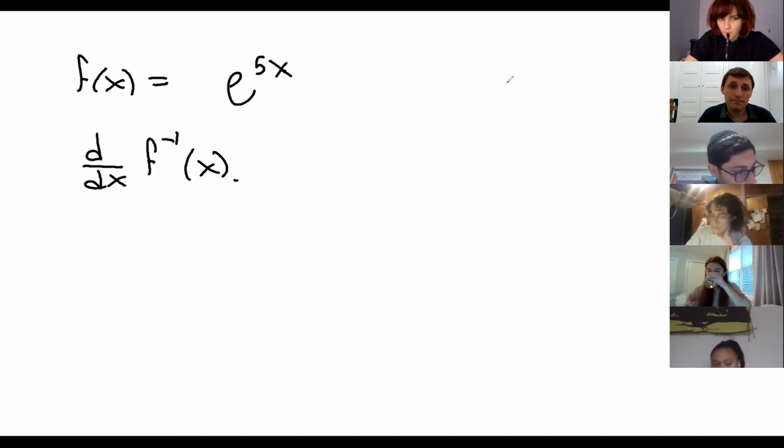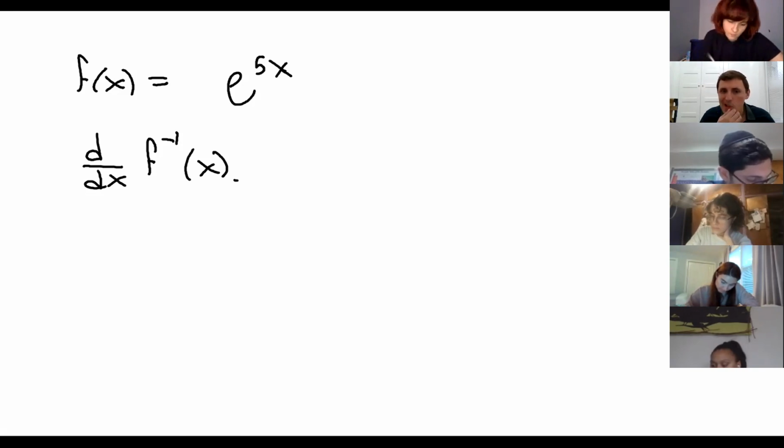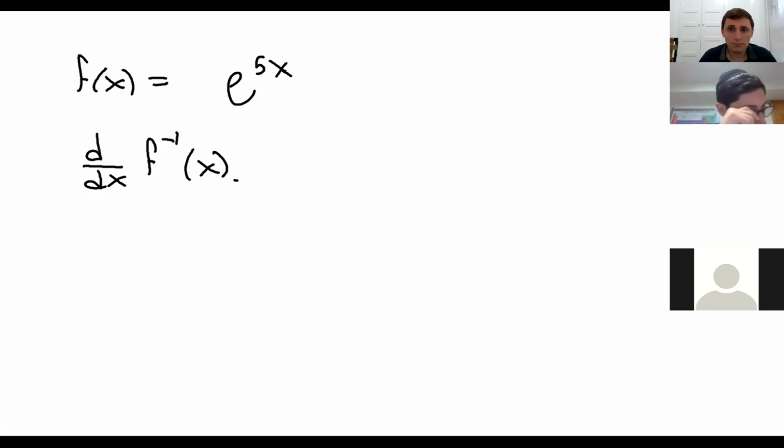And we're moving very slowly. I hope that in a foreign language that means inverse.